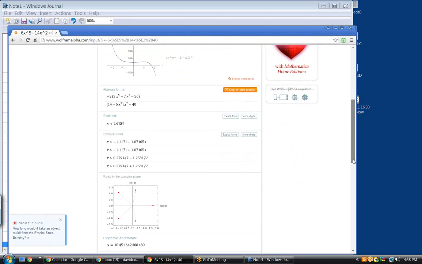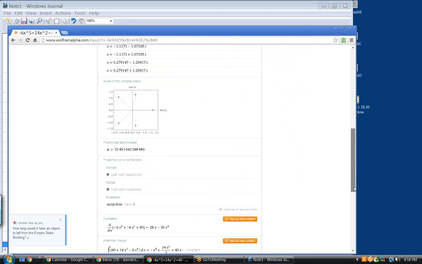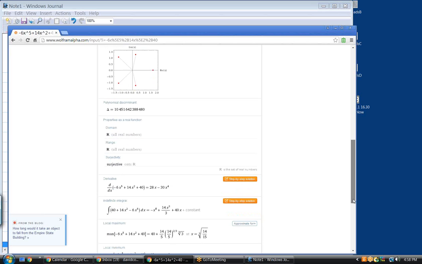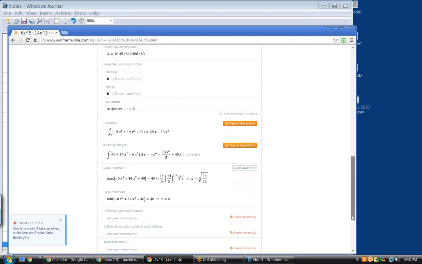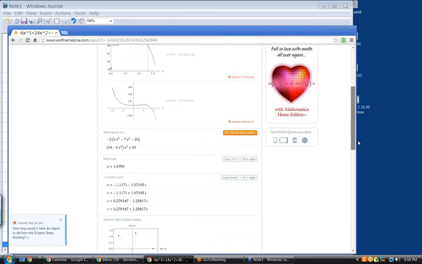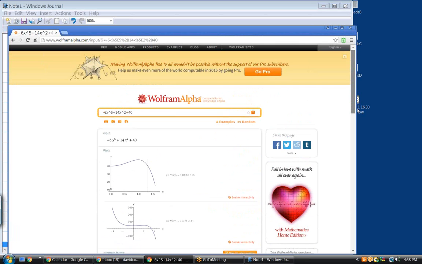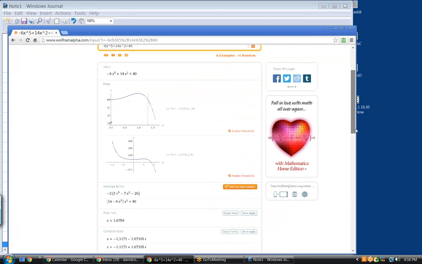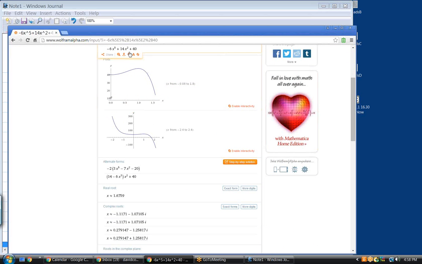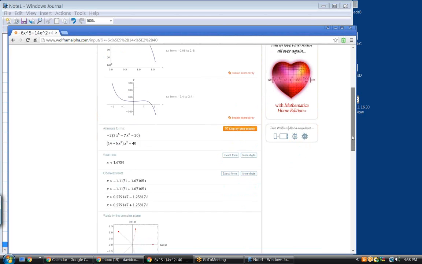What other questions did they have for you on this function? Not much else. Okay. But you'll notice that Wolfram Alpha does a great job with functions. In other words, they tell you what you put in. They give you a zoomed out and a zoomed in look at it. They also tell you the zeros.